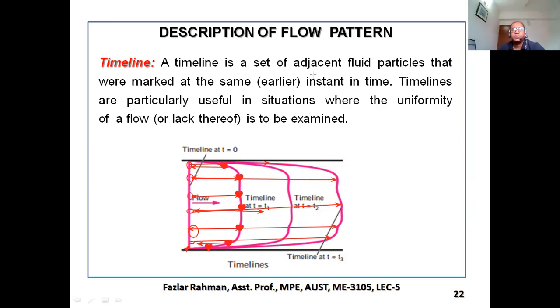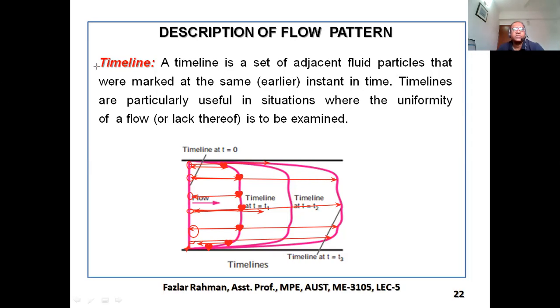A timeline is a set of adjacent fluid particles that are marked at the same instant in time. Timelines are particularly useful in situations where the uniformity of a flow is to be examined. You would like to check whether the flow is uniform or not.